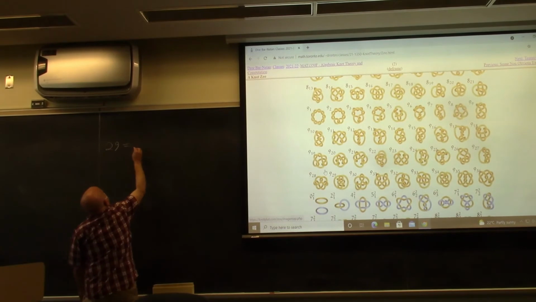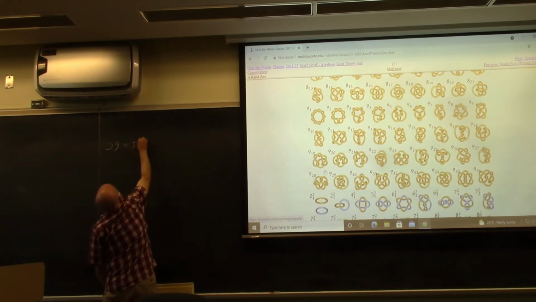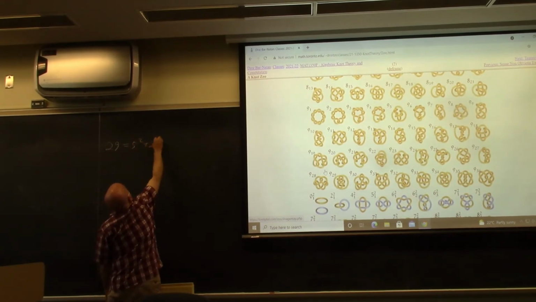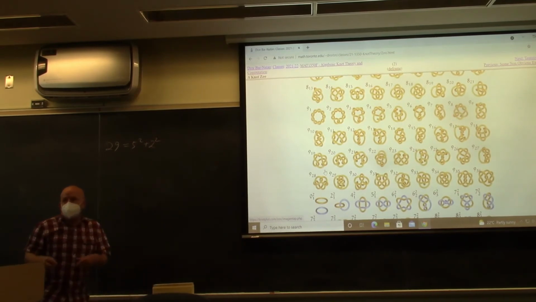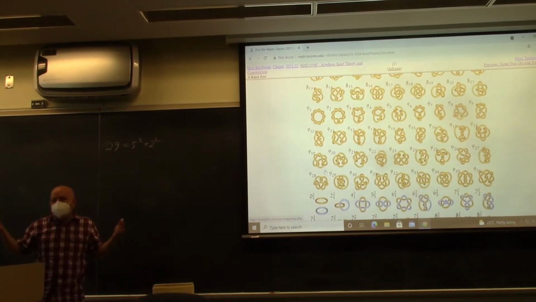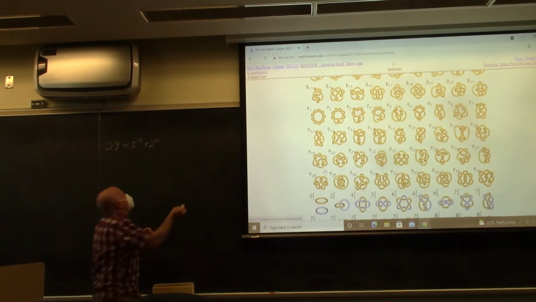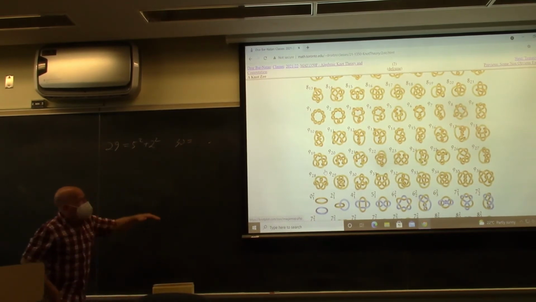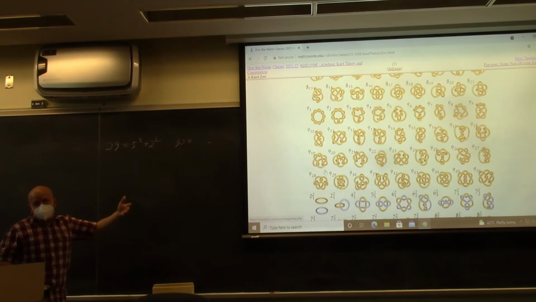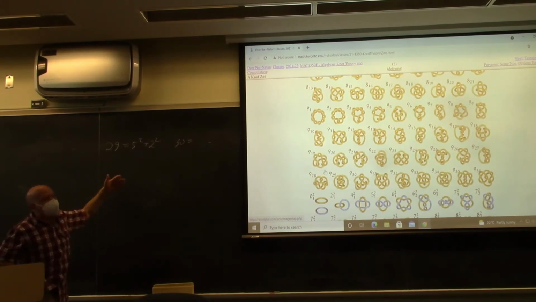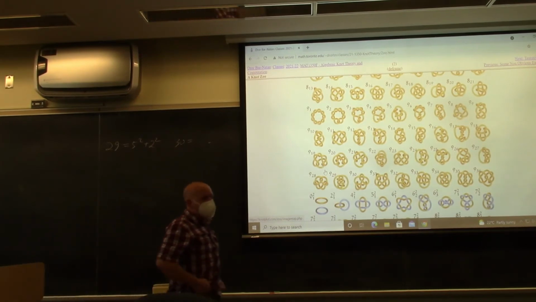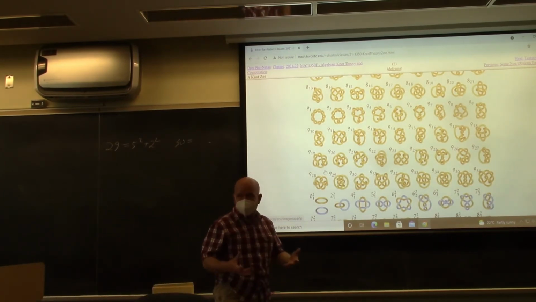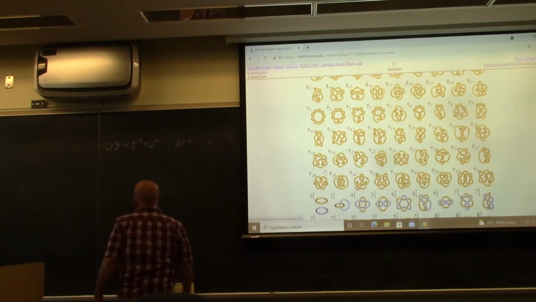So 29 is equal to 5 squared plus 2 squared. And some other integers are not sums of two squares. I think 30 is not a sum of two squares. Likewise, there are other properties that separate integers, and similarly, there are properties that separate knots. Let me give you an example.